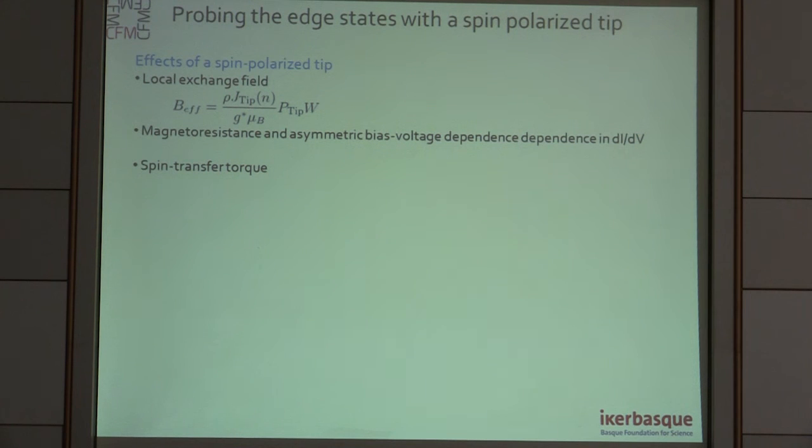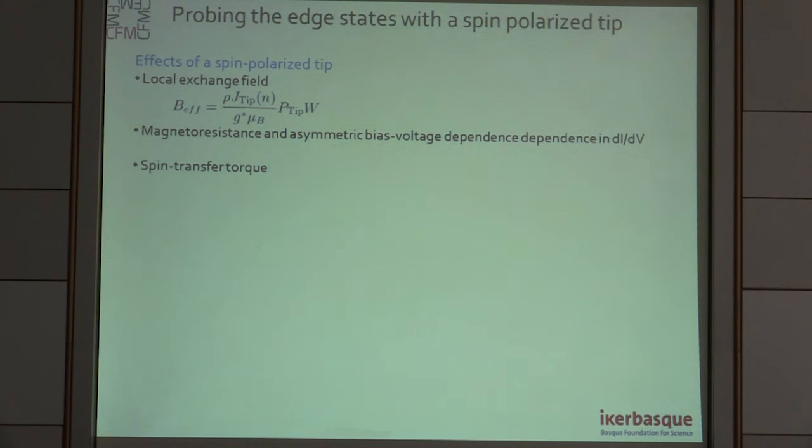On one side, it can produce a local exchange field that is proportional to the exchange coupling with the tip, so it will change exponentially with the tip distance, and proportional also to the polarization of the tip. Then, in addition, one also can have magnetoresistance, and this magnetoresistance will give place to an asymmetry in the differential conductance.